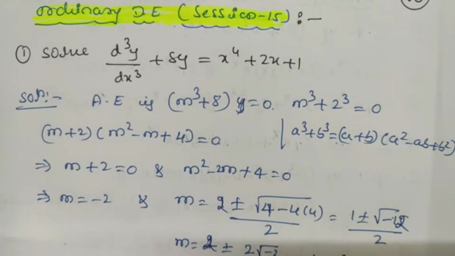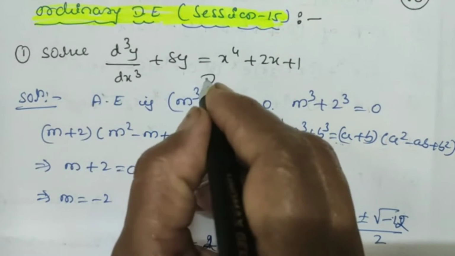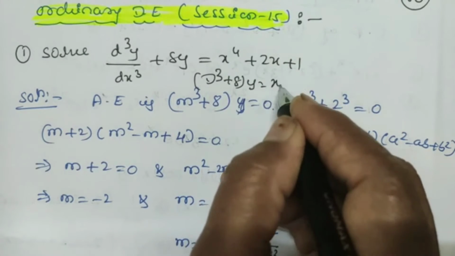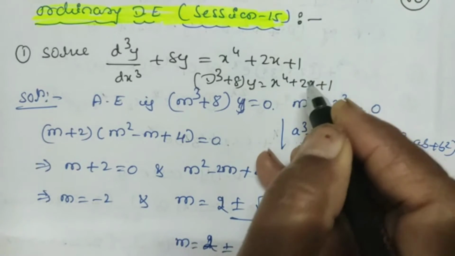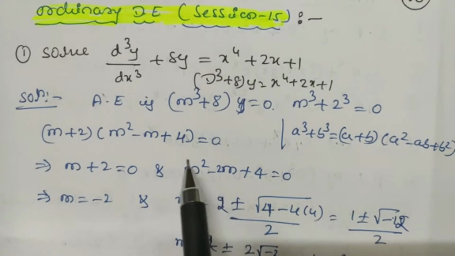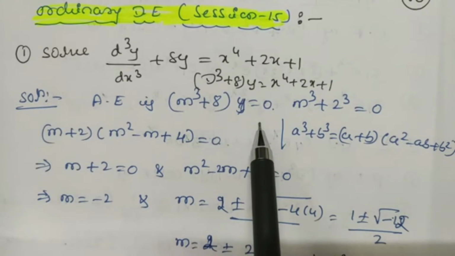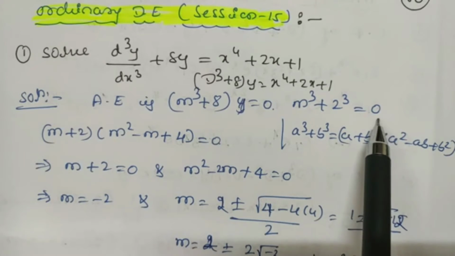First, we write the given equation as (D³ + 8)y = x⁴ + 2x + 1. Now the auxiliary equation is m³ + 8 = 0, and this can be written as m³ + 2³ = 0.